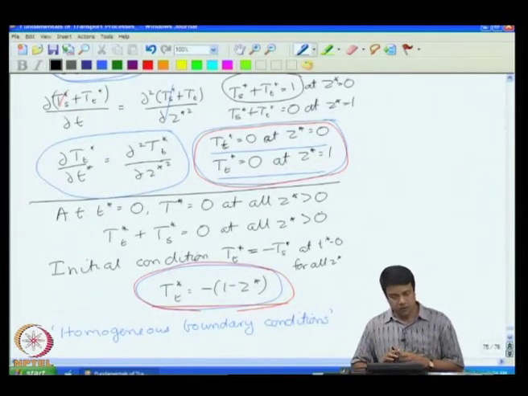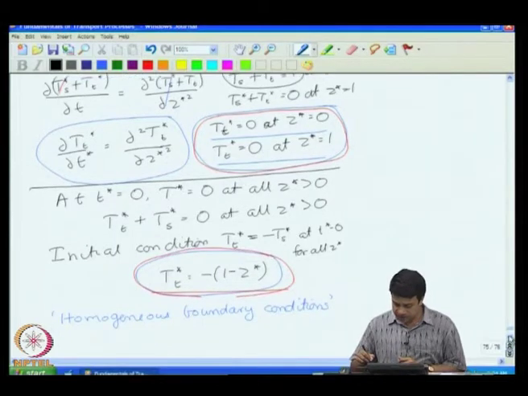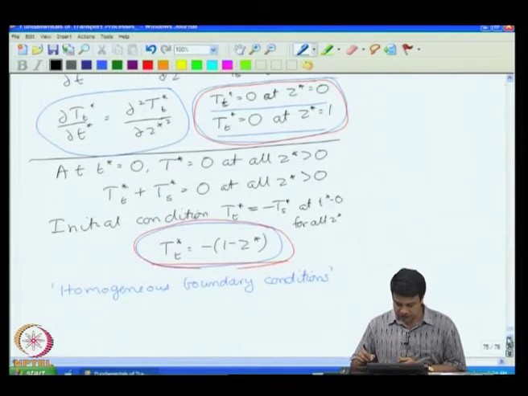That means for the transient part alone, the initial condition is T transient is equal to minus T steady state, or T transient is equal to minus (1 minus z star). And I explained the physical significance of this in the previous class.